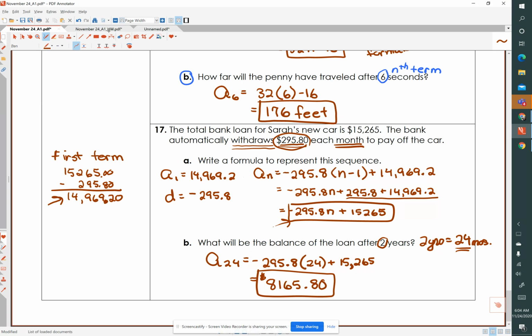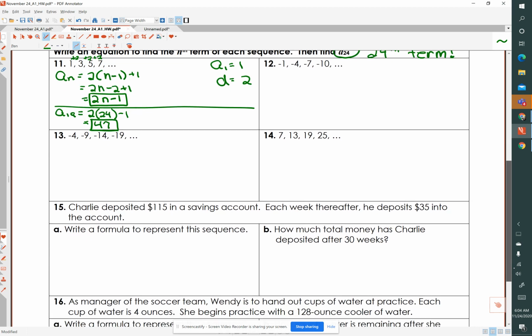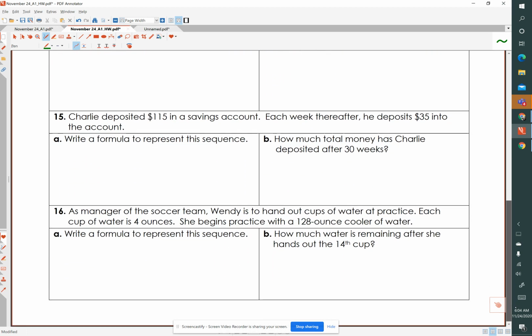Let's look at your homework again. Let's look at Charlie. Charlie deposited $115 in a savings account. Each week thereafter, he deposits $35 into the account. Let's write a formula to represent the sequence. So he starts out with $115.